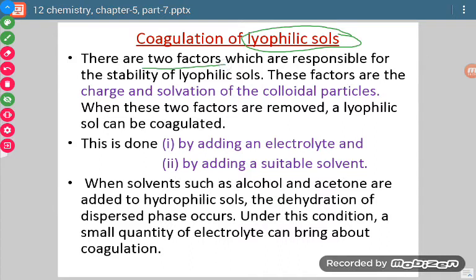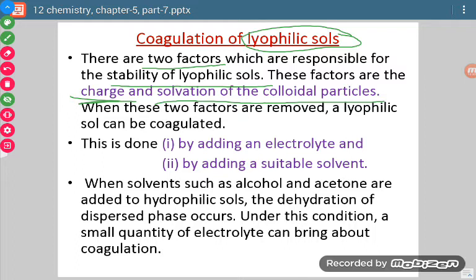There are 2 factors which are responsible for its stability. What are those two factors? One is charge and another is solvation of the colloidal particles. Solvation of colloidal particles means that colloidal particles are surrounded by water molecules and that gives them more stability. Okay, more molecules attached means more solvation.